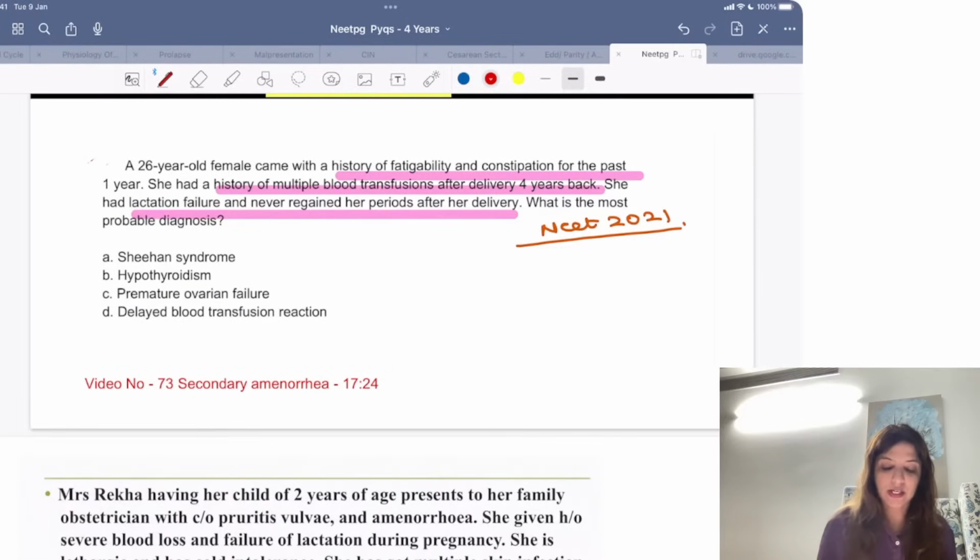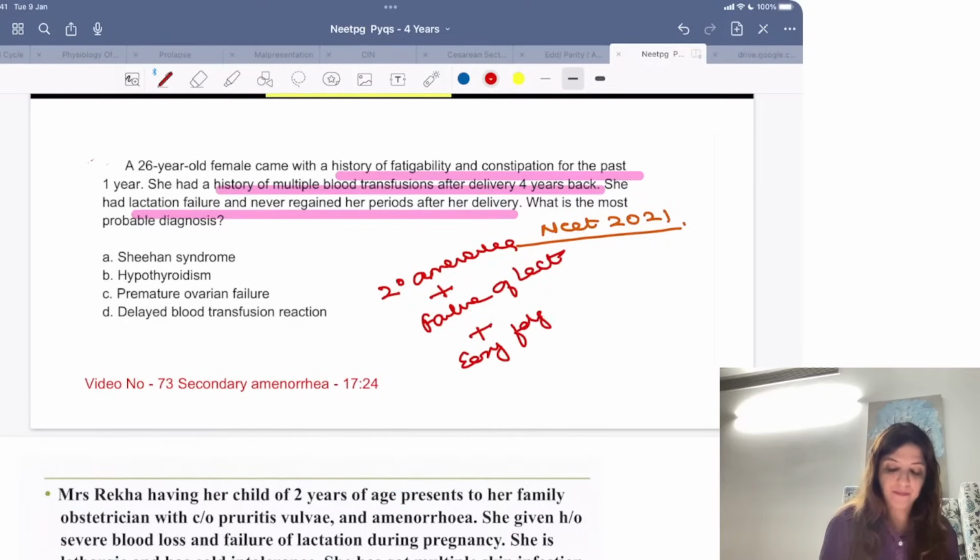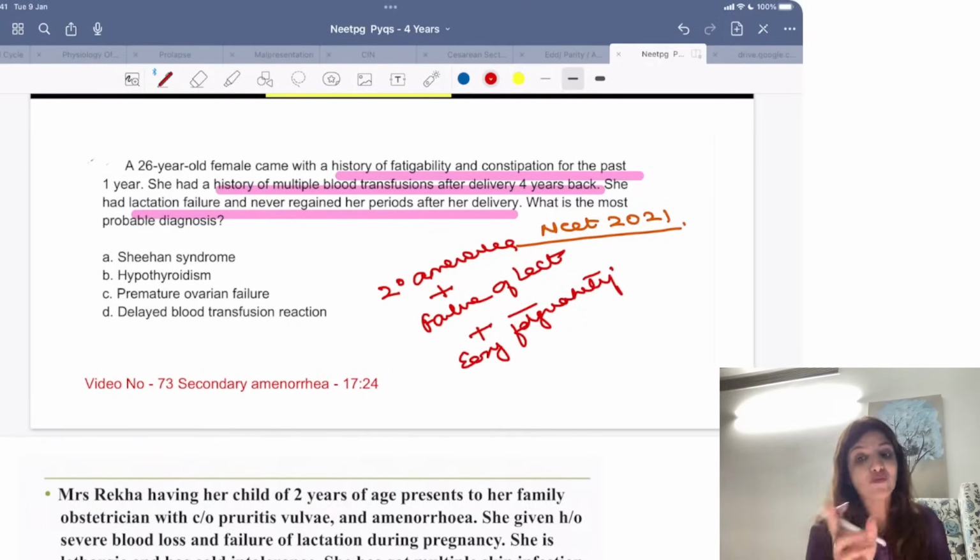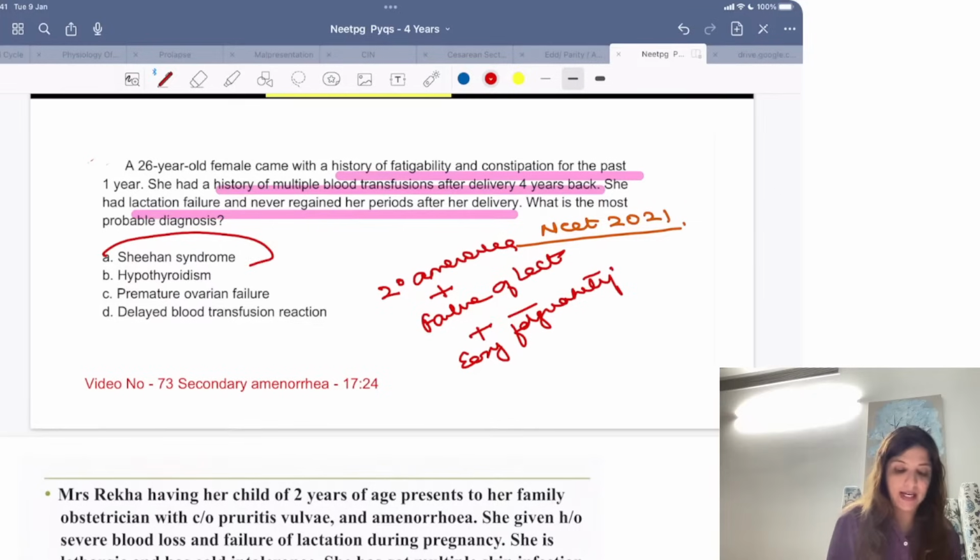So this patient is a case of secondary amenorrhea, plus there is failure of lactation, plus she has easy fatigability, plus she has history of repeated transfusions after her delivery. That means she suffered from PPH and now she is having amenorrhea and lactation failure. So she is a case of Sheehan syndrome, right?